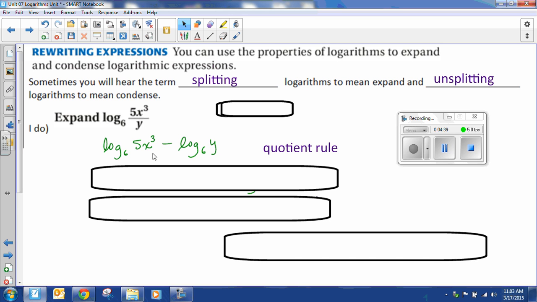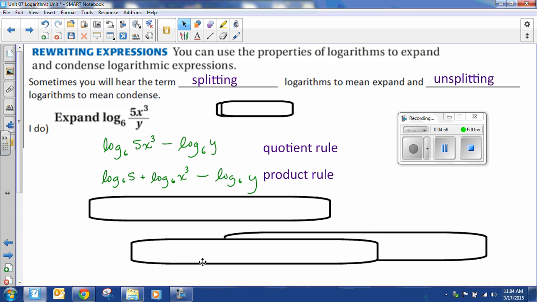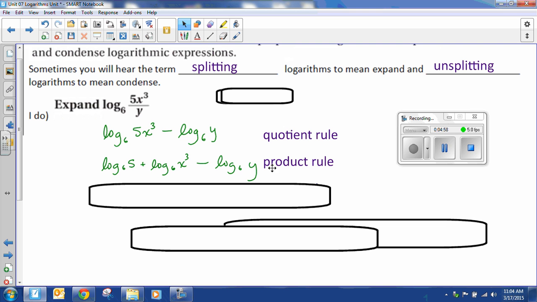First thing we're going to do is rewrite the quotient as a difference. And then this cannot be expanded anymore, so we're going to go ahead and pick on this part of the expression, and 5x cubed can be expanded out using the product rule.